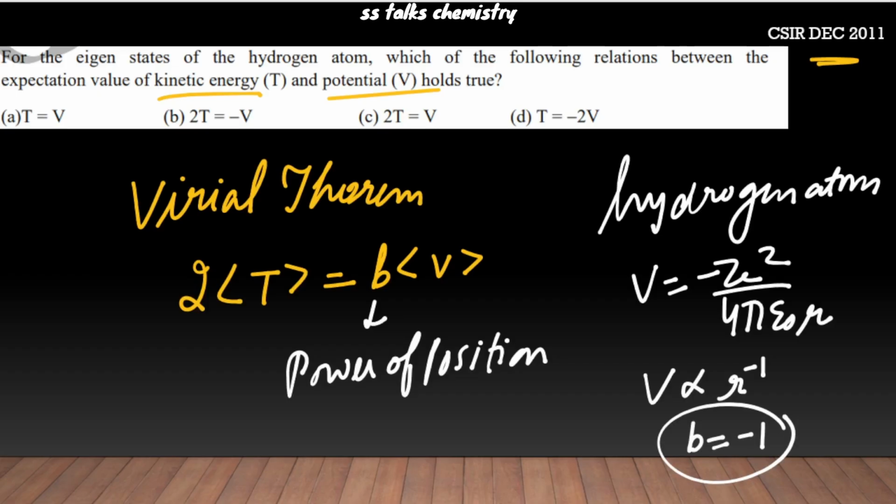So that implies 2 times the kinetic energy is minus the potential energy. This I can see is given to us in option B. So B is going to be the right answer.